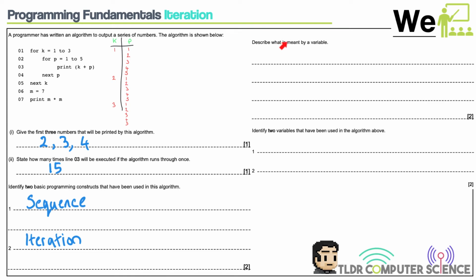Let's have a quick look over here. It says describe what is meant by a variable. So we're looking for a definition of what a variable is. We've identified this many times, but it's worth taking a moment to reflect that variables ultimately are ways of us referencing where a value is held in memory. So it's a name or an identifier, a name for a memory location.